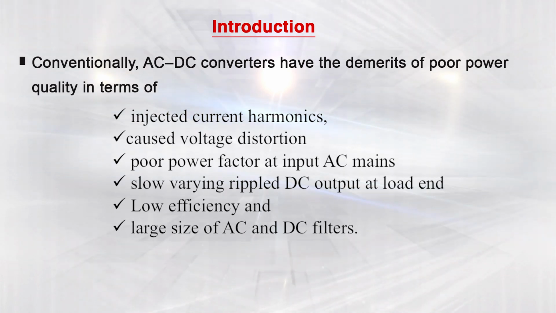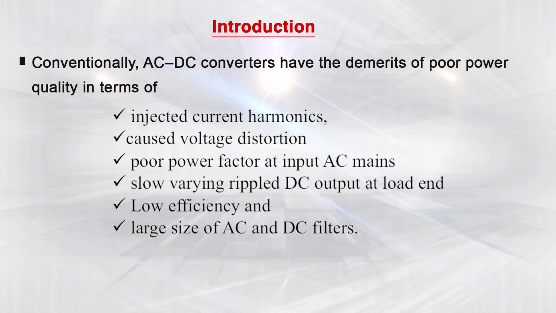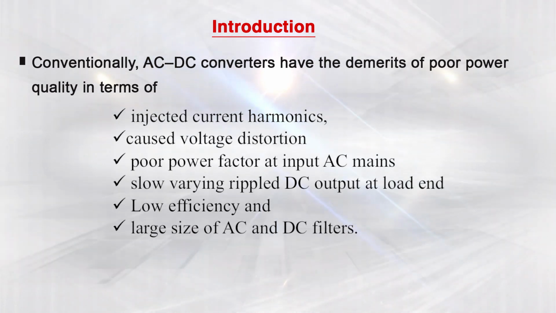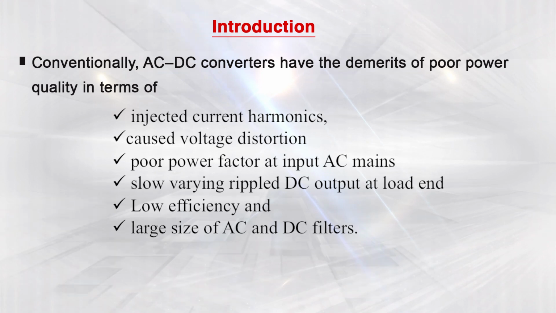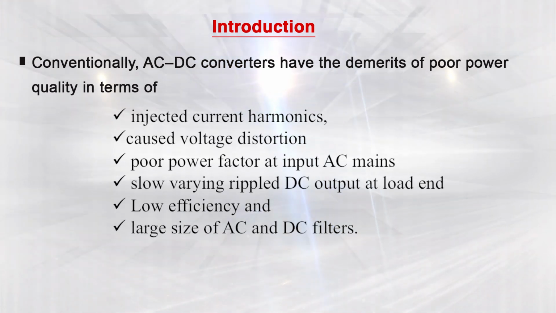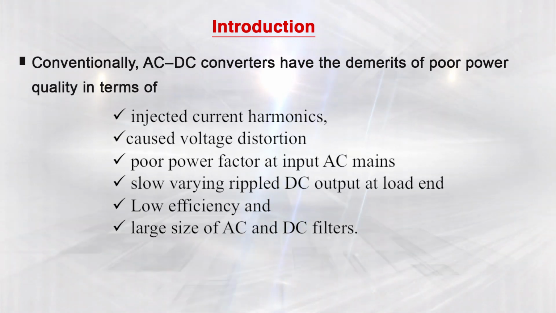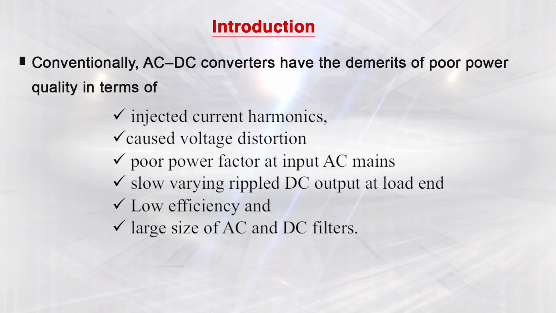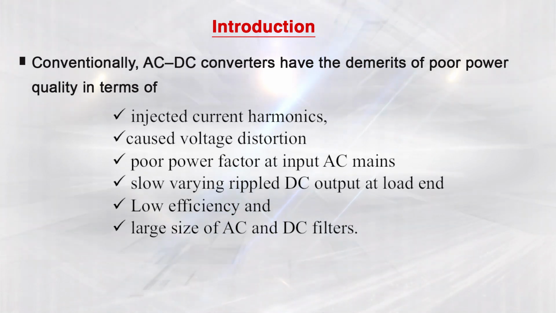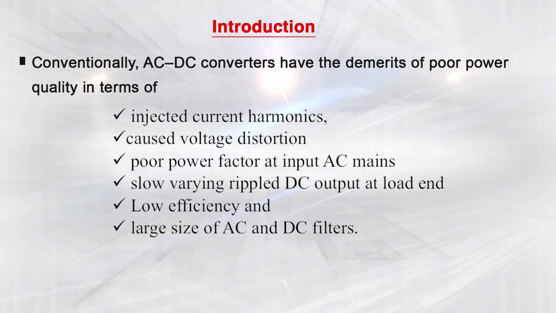Single phase instantaneous power oscillates with a second harmonic component, sin 2 omega t or cos 2 omega t. So we realize that a second harmonic ripple is reflecting at the DC bus, which we need to address also. Then there is low efficiency and large size of AC and DC filters.